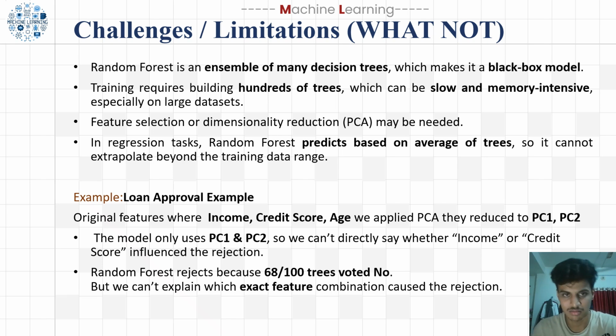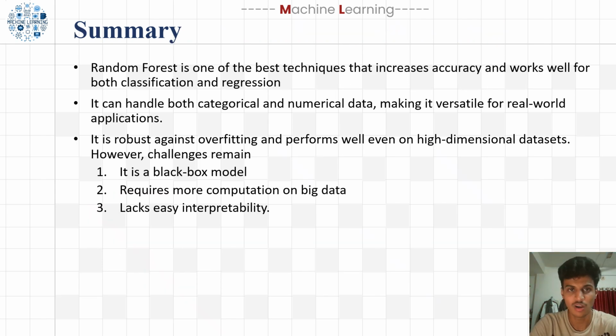So from all this, we can conclude that random forest is a powerful algorithm that increases accuracy and reduces overfitting. It handles both categorical and numerical data and works well on high dimensional datasets. However, it does have challenges. It's a black box model, needs more computational power, and lacks easy interpretability.